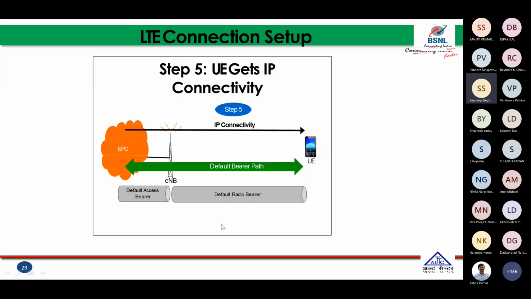Each EPS bearer has a unique QCI, the quality of service in 4G, which is based on the EPS bearer. The default EPS bearer is created in the attach message in the 4G network.